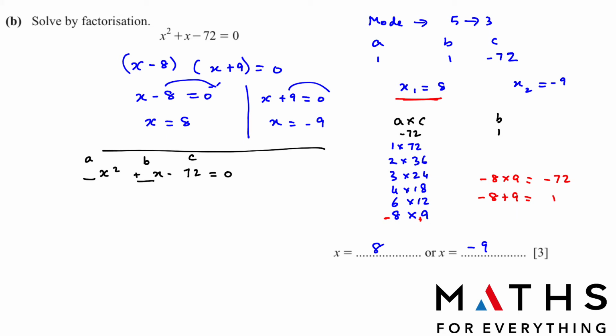That is my requirement. So my factors are -8 and 9. I'll write here x minus 8 and x plus 9. Same step here, and then continue your work the way we solved. All the other steps are the same.